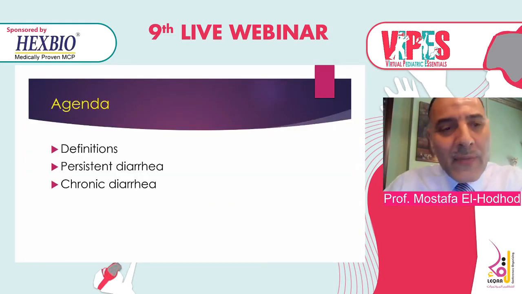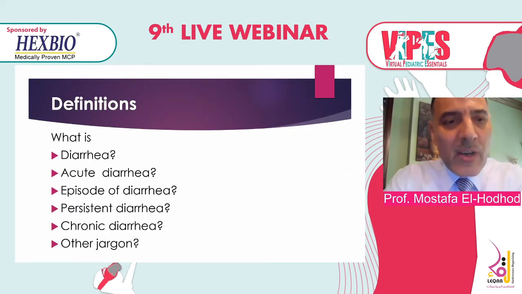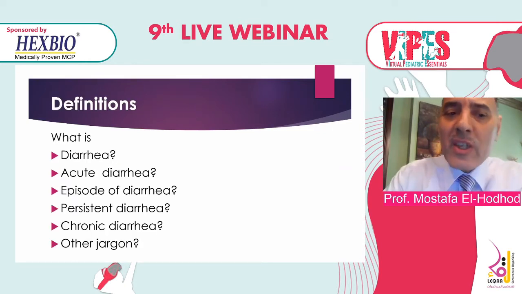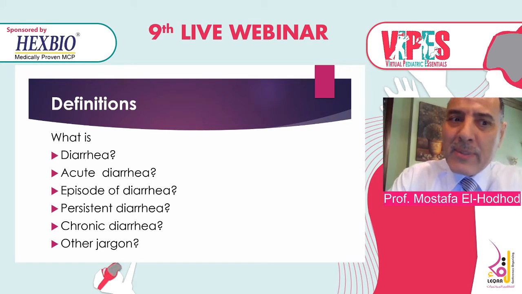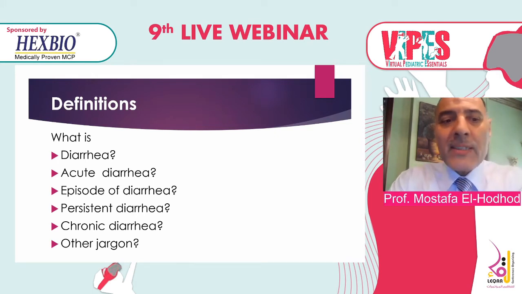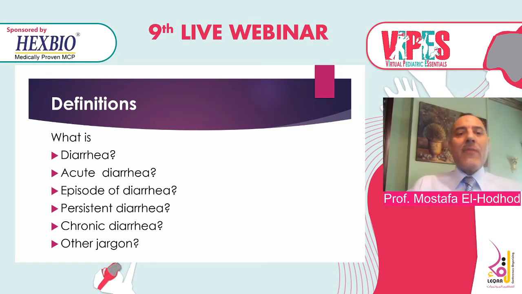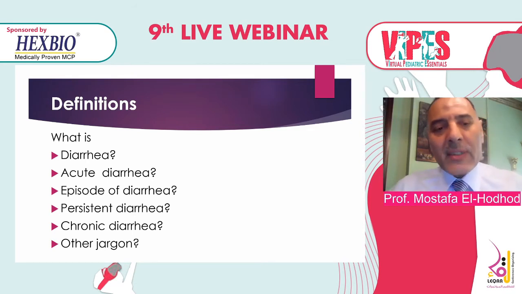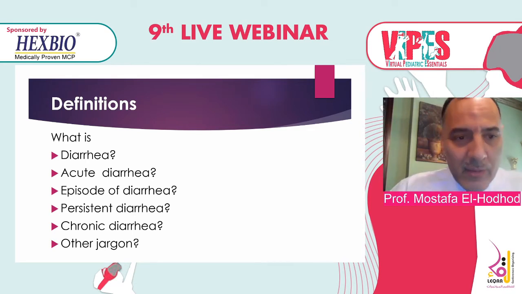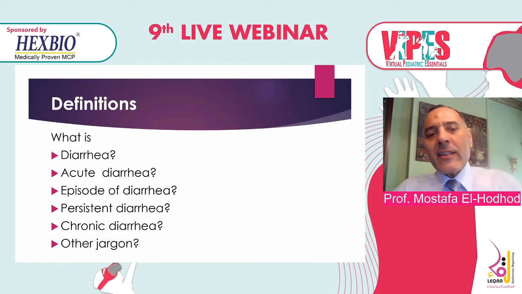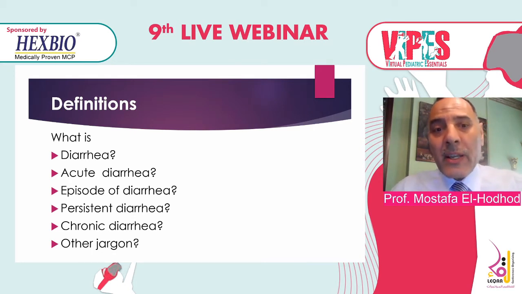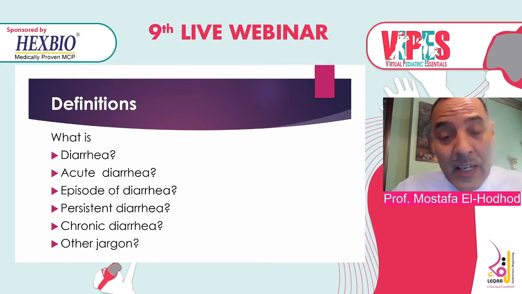We are going to start with the definitions, because behind definitions, many problems are hidden. As you know, for diarrhea, you should have the criteria of frequency, consistency, and volume as well. And to tell it is an acute one, it should be of acute onset. This is very important. The onset should be acute and should disappear within 2 weeks.